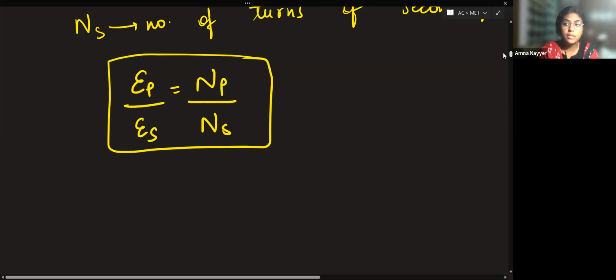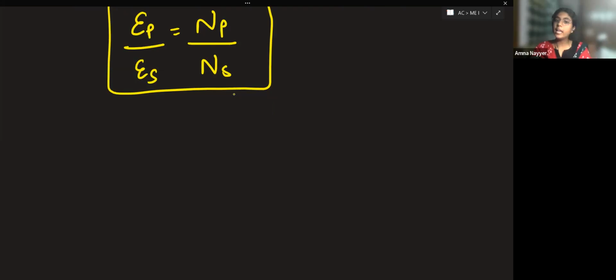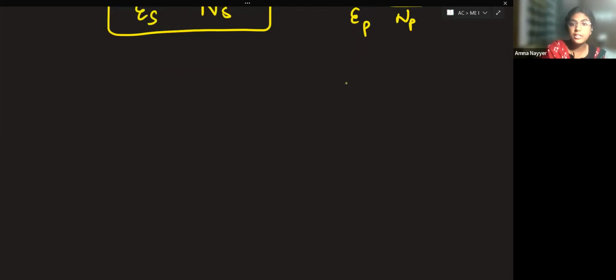See class, for voltage and number of turns, remember, if EP is in the numerator, NP will come in the numerator. If ES is in the denominator, NS will be in the denominator. If you write ES in the numerator and EP in the denominator, write NS in the numerator and NP in the denominator. Secondary will come in front of secondary, primary in front of primary, for voltage and number of turns. But for current, P is equal to VI already, so voltage will be inversely proportional to current.